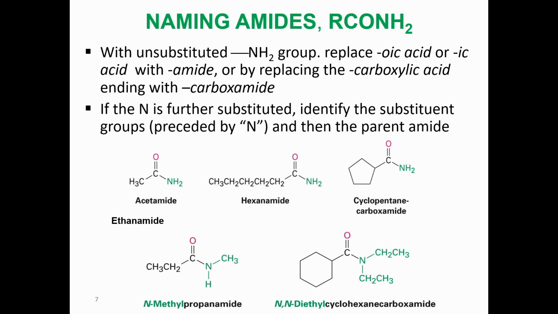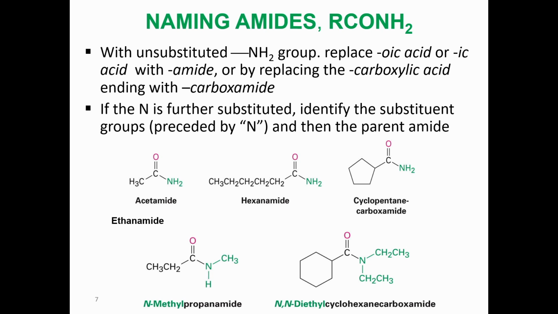Naming amide. With an unsubstituted amine group, replace the oic acid or ic acid with amide, or replace the carboxylic acid ending with carboxamide. This carboxamide is used when you're talking about a cyclo compound. Let's look at the examples.